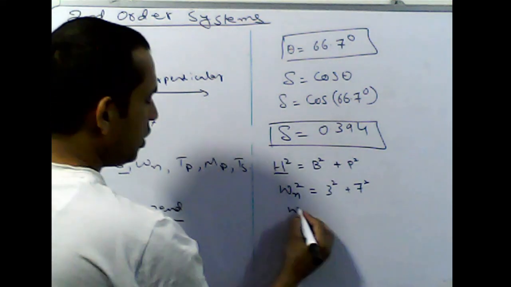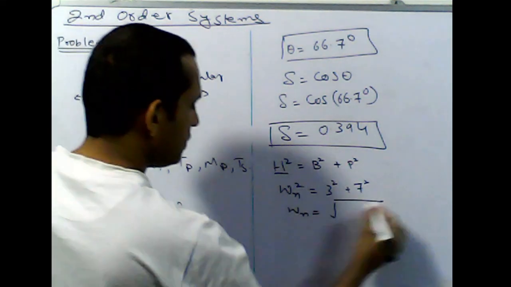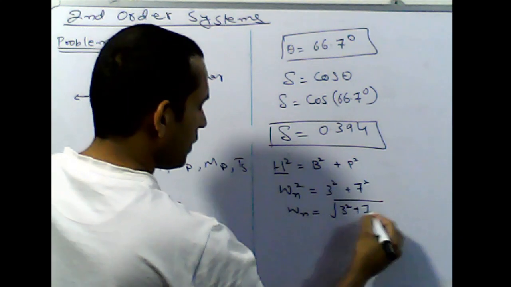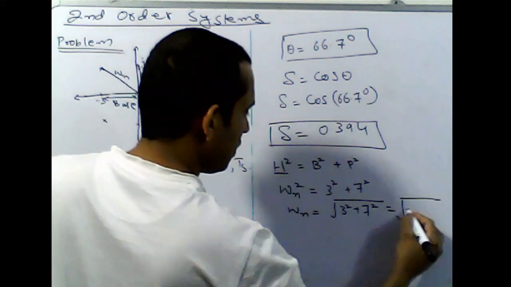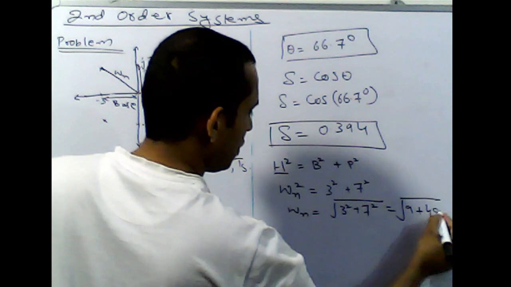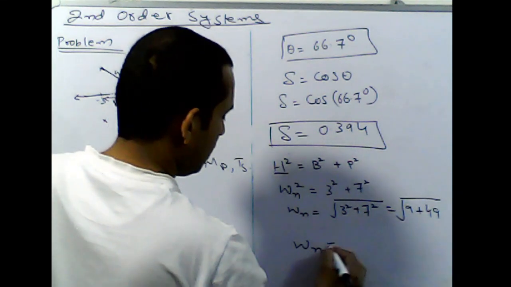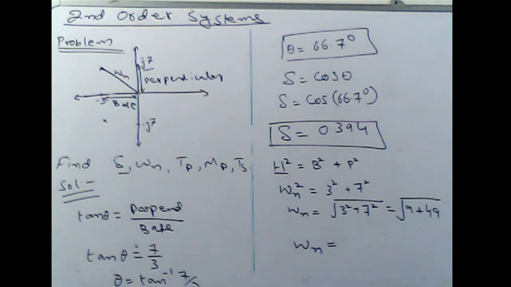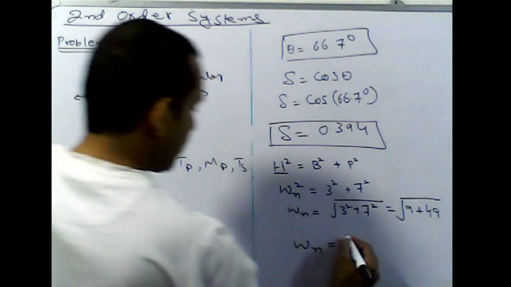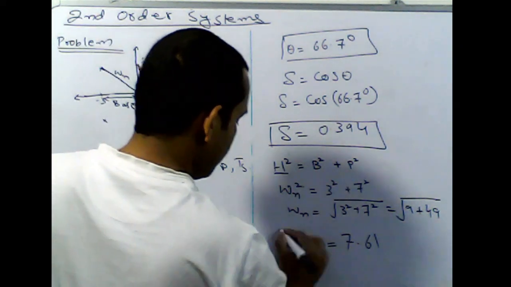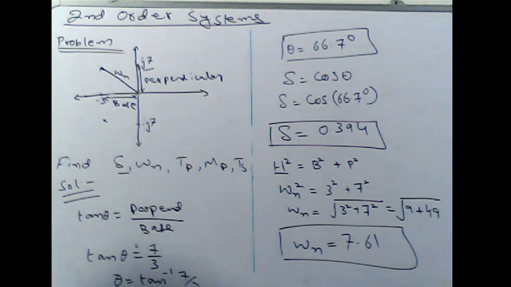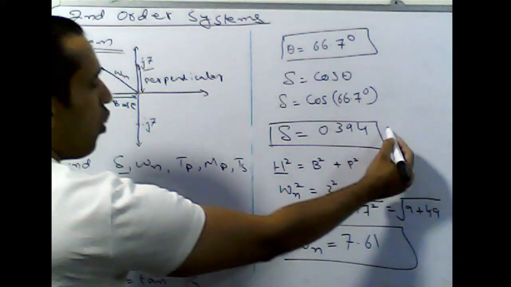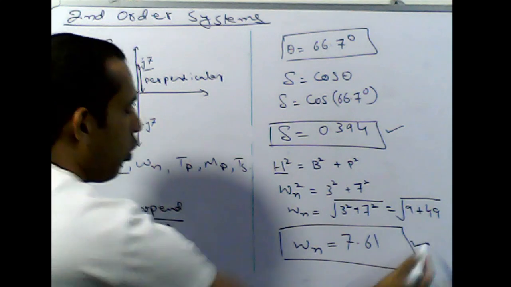Taking the under root of these terms, we found omega n is equal to 7.61 radians per second. So using some trigonometric definitions, we have found the values of zeta and omega n.